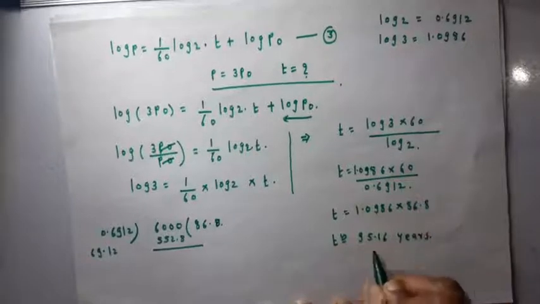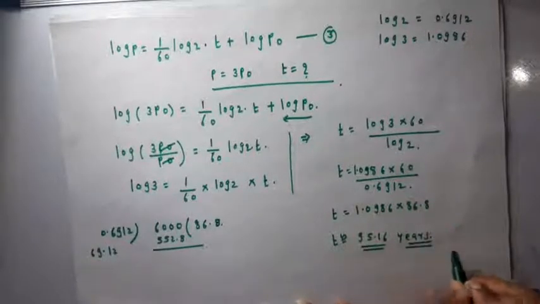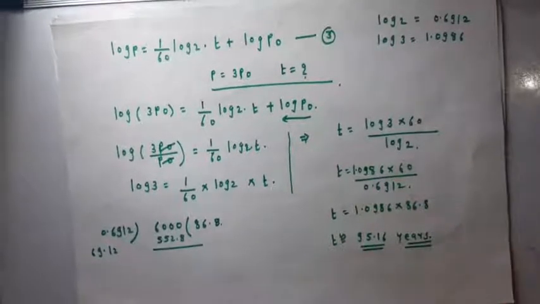Okay, students, in this way we have to solve the problems. In this exercise there are 12 problems. We have solved only 2 problems in this video. The remaining problems we will continue in the next video. But understand the steps.